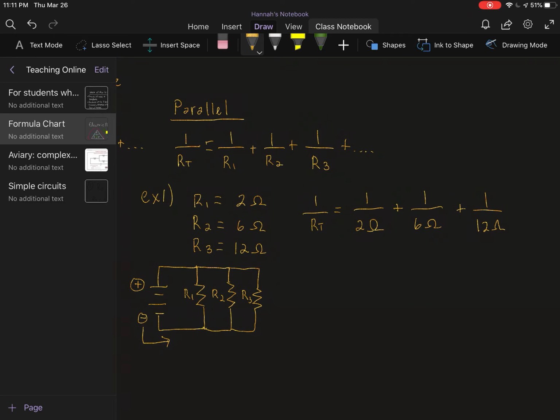So if we think about what number every single one of these denominators goes into, take a second. 6, does 6 go into 12? Does 2 go into 12? If the answers to your questions are yes, you just had a really easy time finding a common denominator. So hopefully by now you've figured out your common denominator here is 12. All right, so we make all of our common denominators 12 ohms.